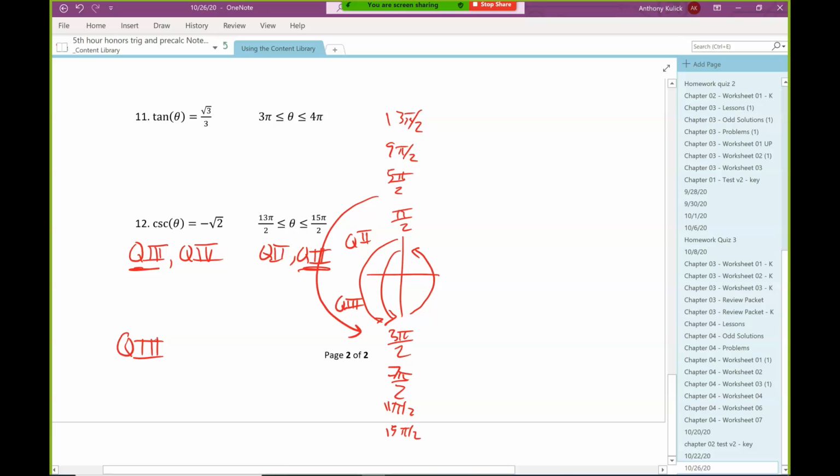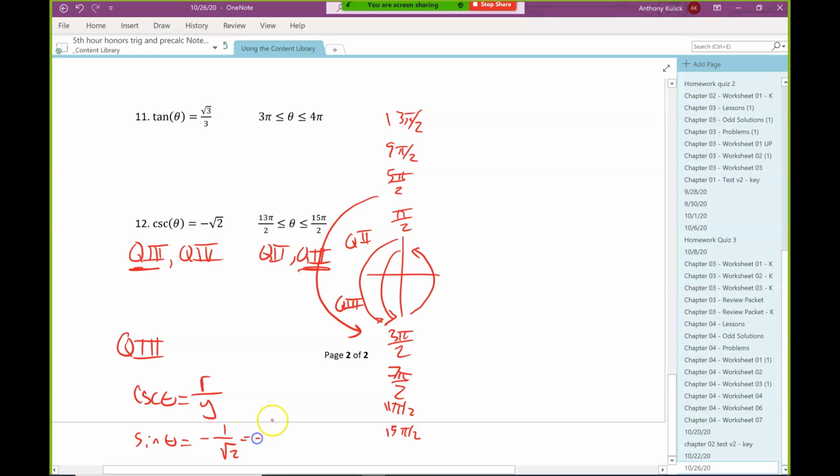Okay. Now I remember that cosecant is r over y, because it's the reciprocal of sine, which is y over r. So that would be equivalent to looking for sine of -1 over root 2.